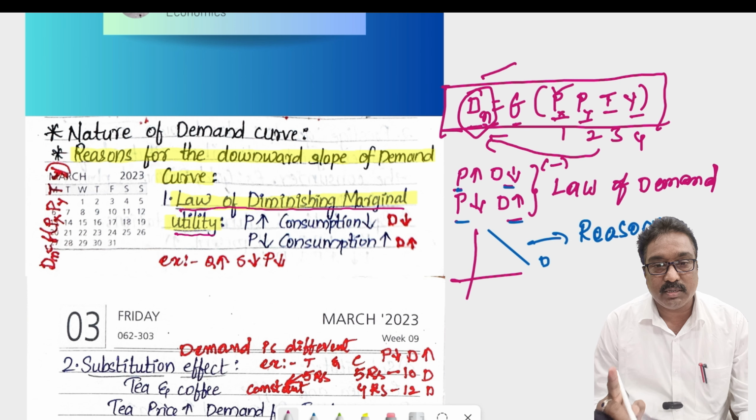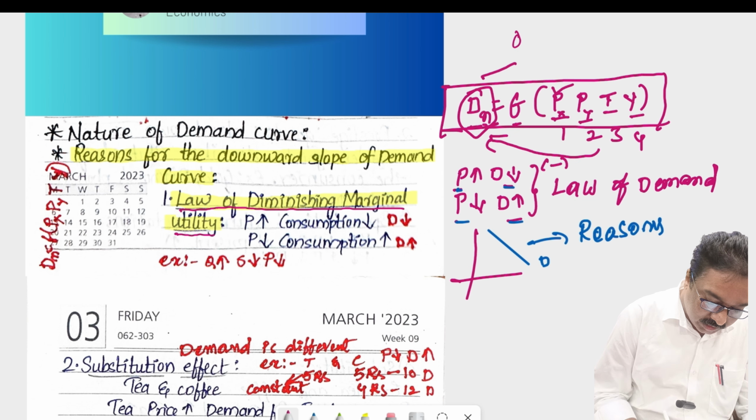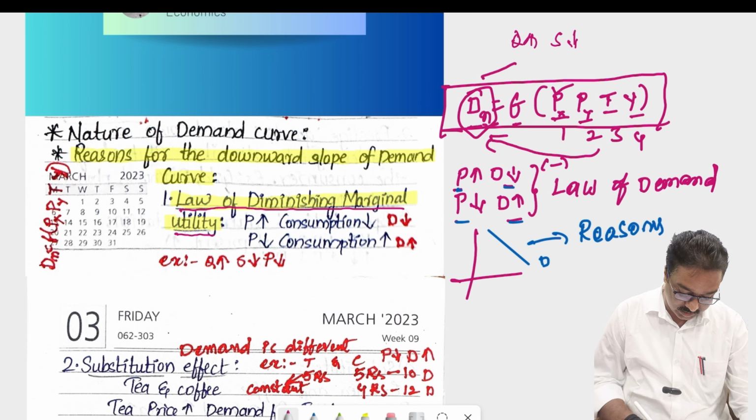Regarding the law of diminishing marginal utility theory, you already know that if the consumer consumes more and more goods, their satisfaction will gradually decrease. When the consumer consumes more and more goods, the satisfaction level decreases. That means if the quantity increases, the satisfaction level gradually decreases.